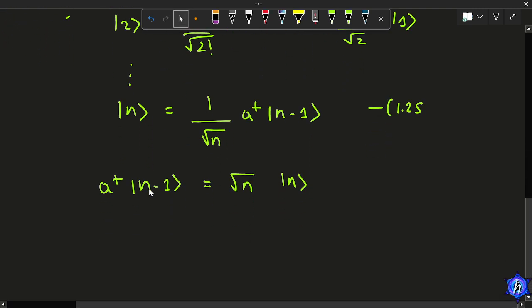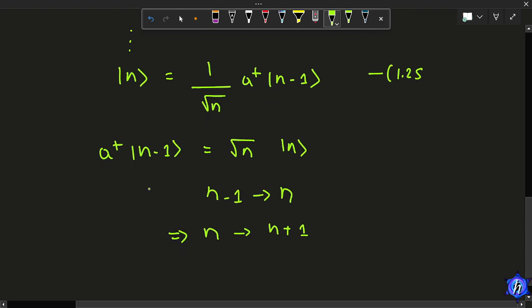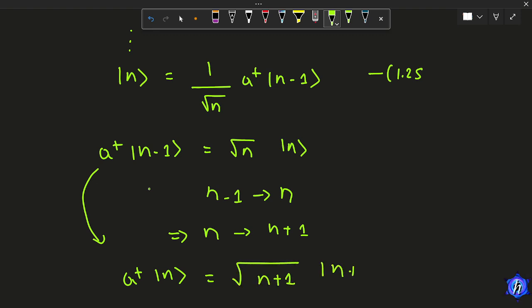I define n minus 1 to be m, so n would be m plus 1. In this case I can rewrite this a dagger on m as root m plus 1 times the state m plus 1.